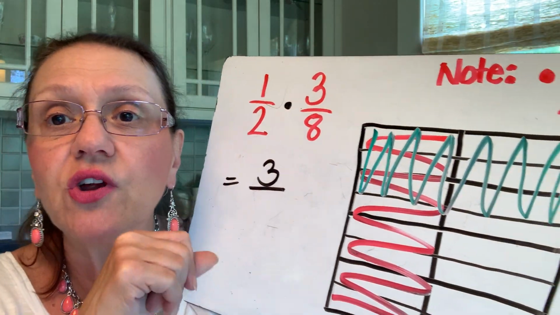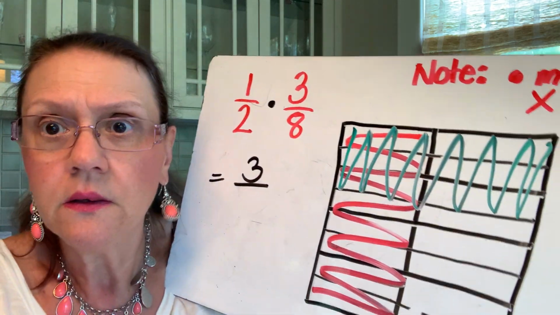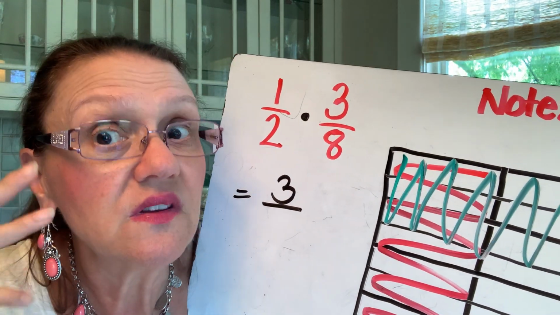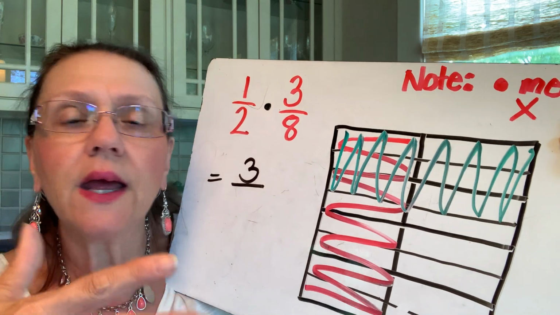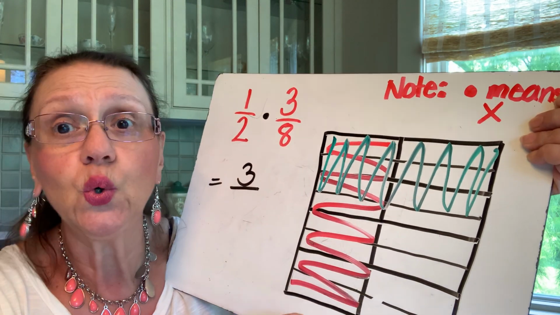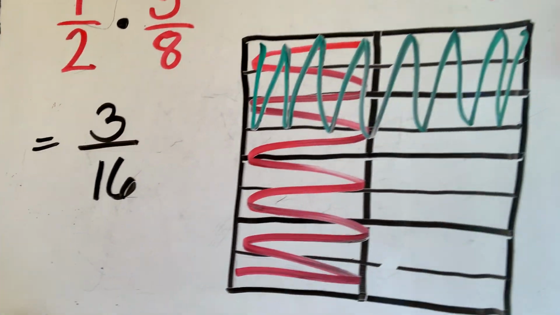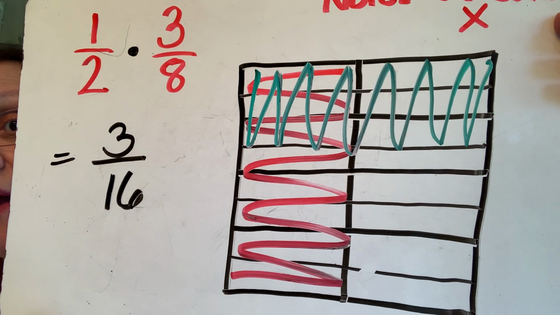You have 2 ways you can do this. You can either count them all, which is fine. It's kind of a lot of work, but it's fine. Or you can multiply 8 times 2, which gives me 16, which is my denominator. And that is how I got my answer, my product, using an area model.